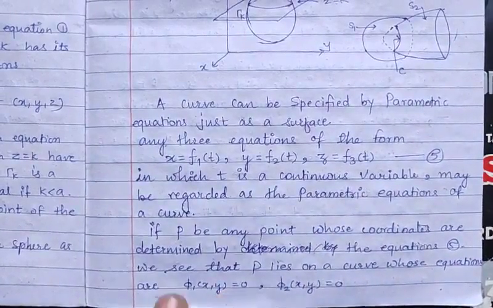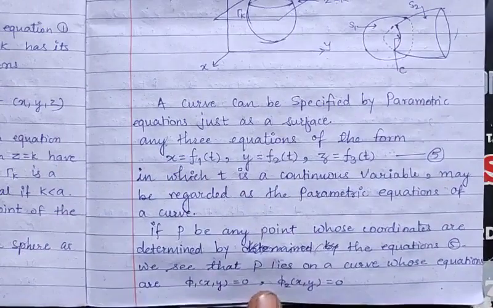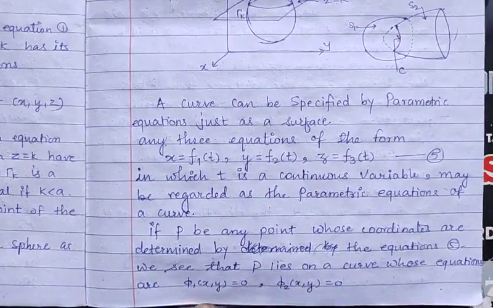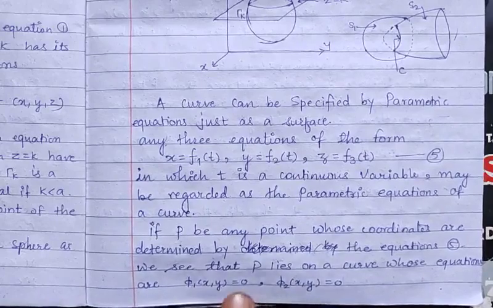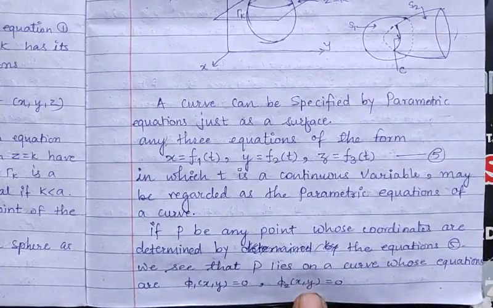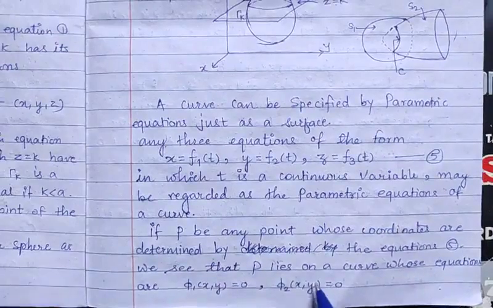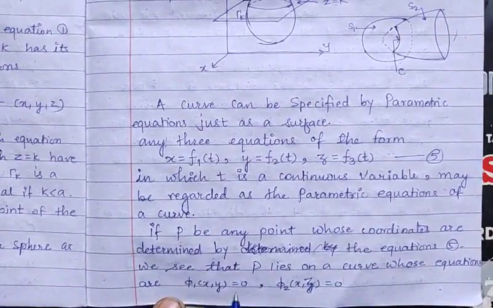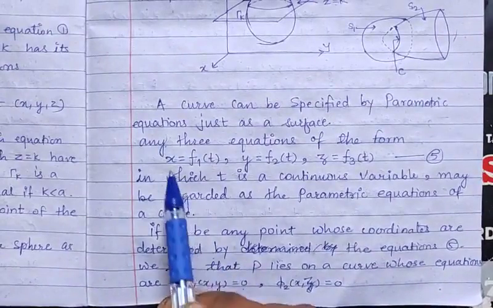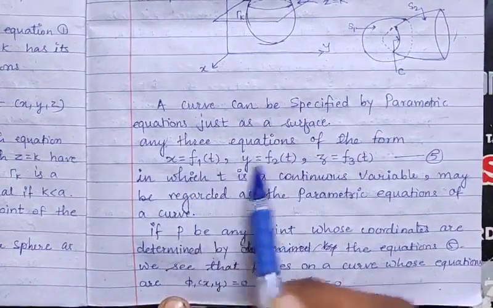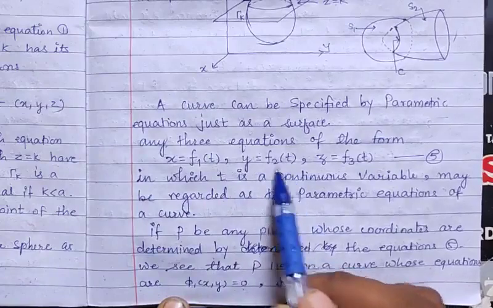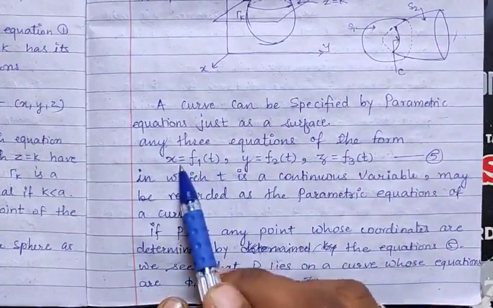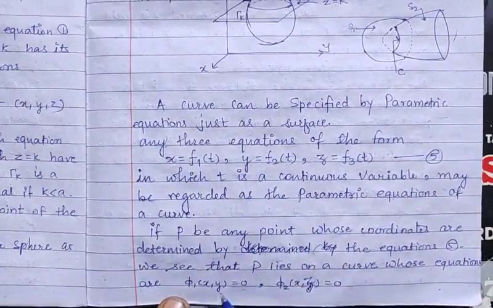phi1 of x, y is equal to 0 and phi2 of x, z is equal to 0. Why is this phi1 of x, y equal to 0 and phi2 of x, z equal to 0? Sorry, here it is z. Now phi1 of x, y is equal to 0 means what? Solving x is equal to f1 of t and y is equal to f2 of t, eliminating t from these two equations, we will get the function phi1 of x, y equal to 0.